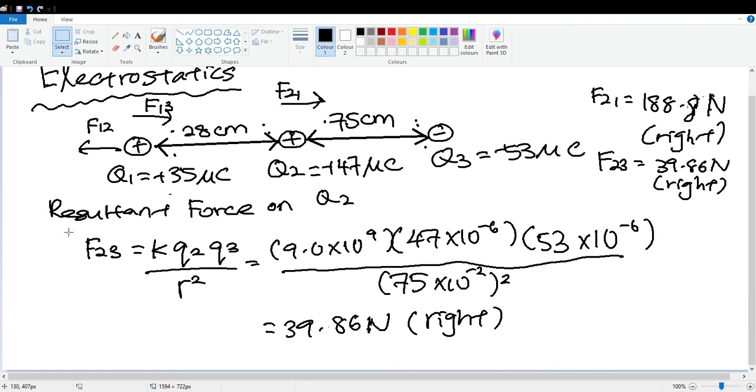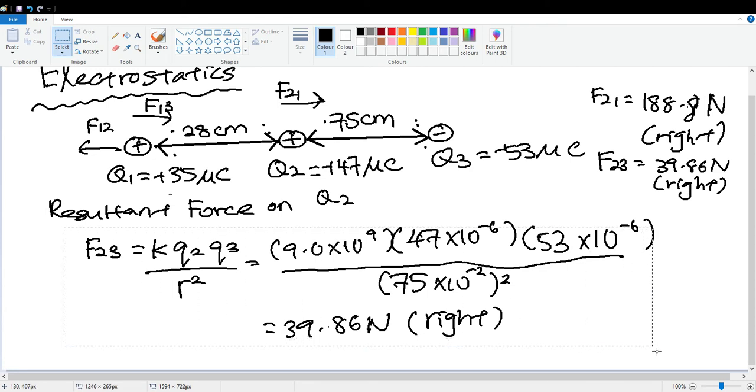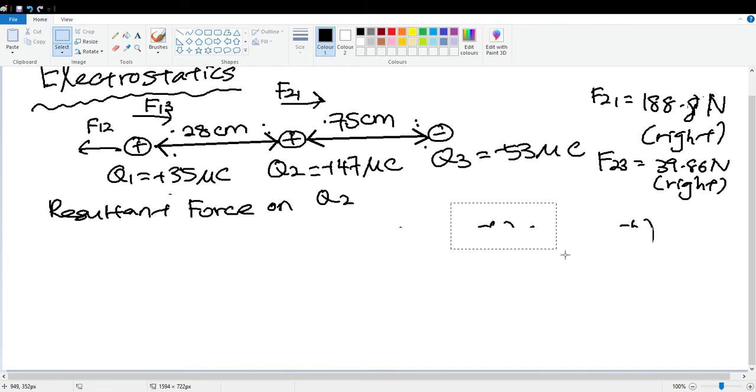Okay, let me just erase this one. Since both forces are towards the right, what we need to do for the resultant force is F21 plus F23.